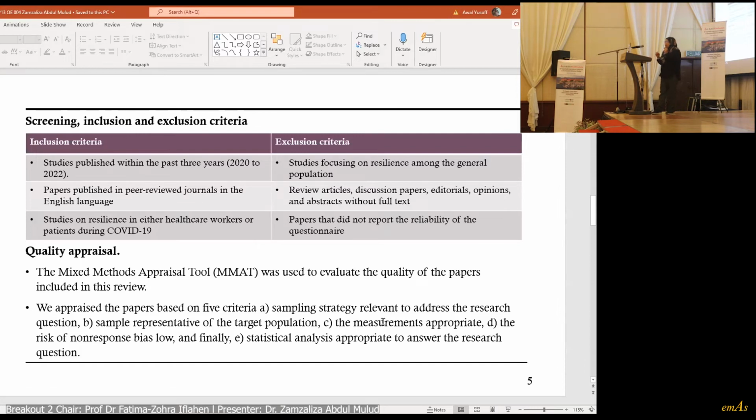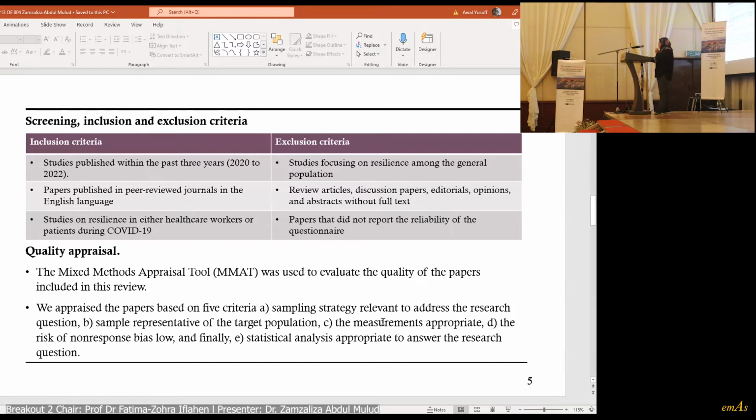Then we conducted screening to make sure that all the articles fulfilled the inclusion and exclusion criteria. The inclusion criteria were studies published within the past 3 years since COVID-19, from 2020 to 2022, published in peer-reviewed journals in English, with resilience measured in either healthcare workers or patients during COVID-19.